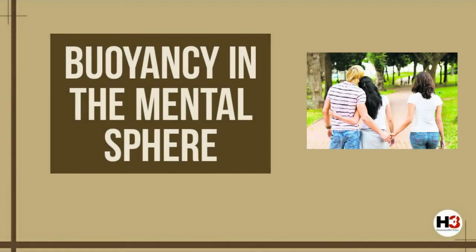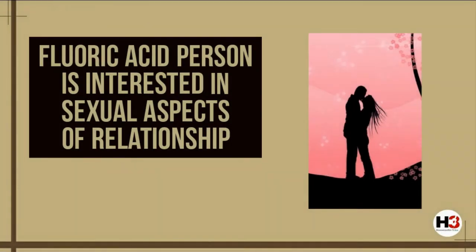This is also seen in the remedy in the form of buoyancy in the mental sphere. This is also mentioned by Vakil in his Materia Medica. A fluoric acid person just cannot stay in any deep relation and will always be more interested in the superficial aspects of a relation, that is, the sexual aspects, rather than the emotional aspects of that relationship.